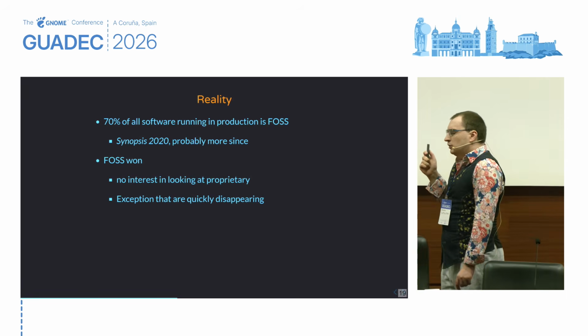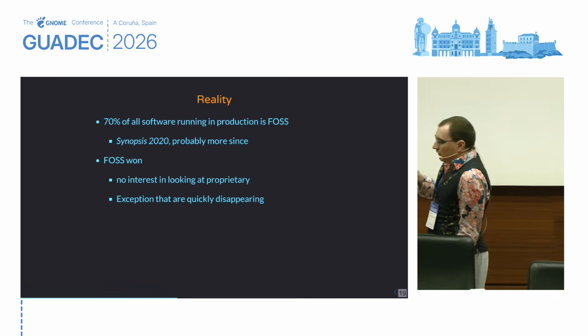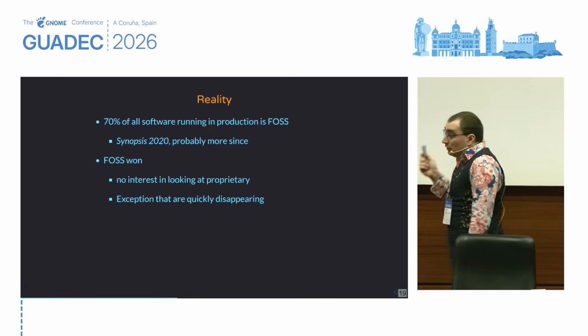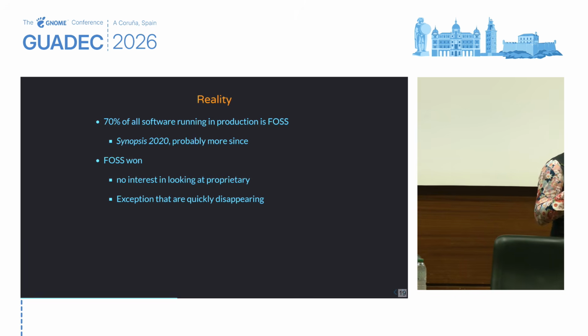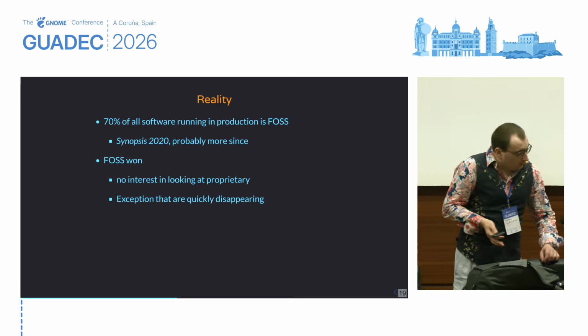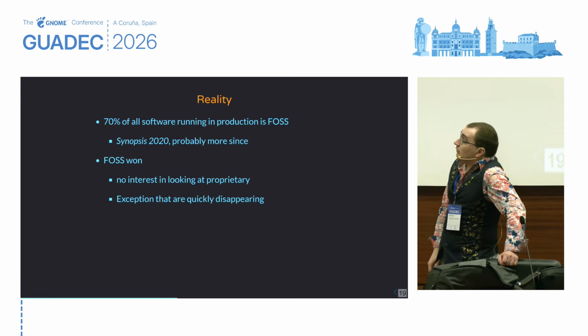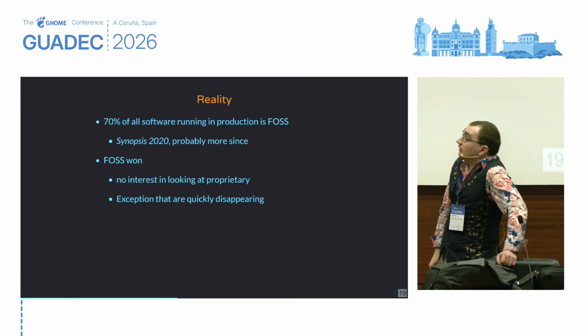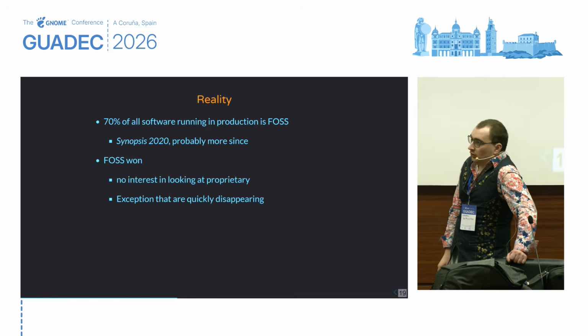There are some areas where you can find proprietary software still being the only thing. They are usually quickly disappearing. The exception I would bring is that, no, I don't even bring one. Like maybe printers at this point, sadly. But even that, I'm pretty sure they're running free and open source software under the hood. I'm pretty sure I saw a curl license somewhere in my printer lately.